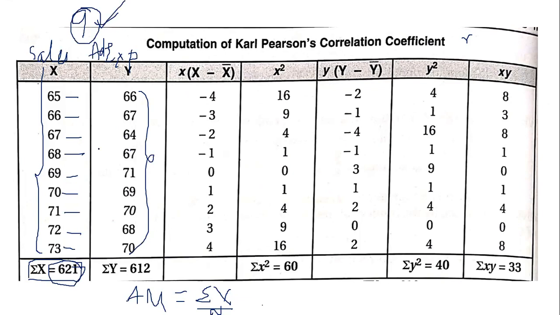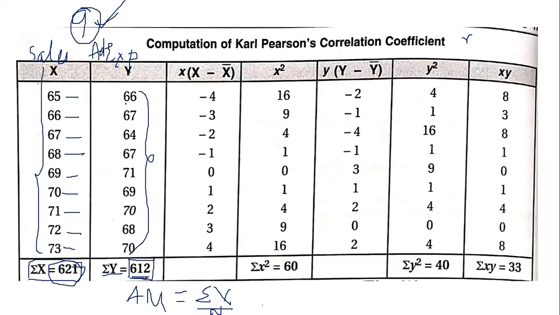Add all of them, 66 plus 67 plus 64 plus 67 plus 71 and so on. The total will be 612. So this is sigma y, which is 612.